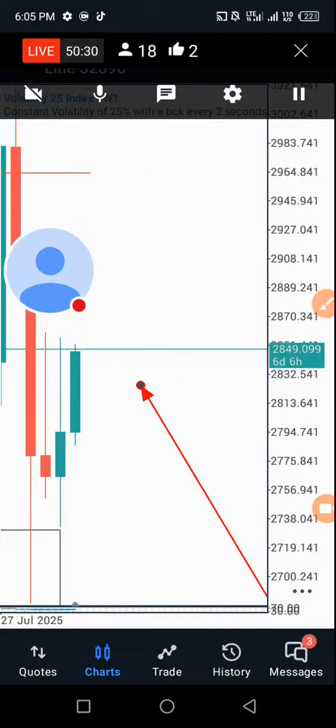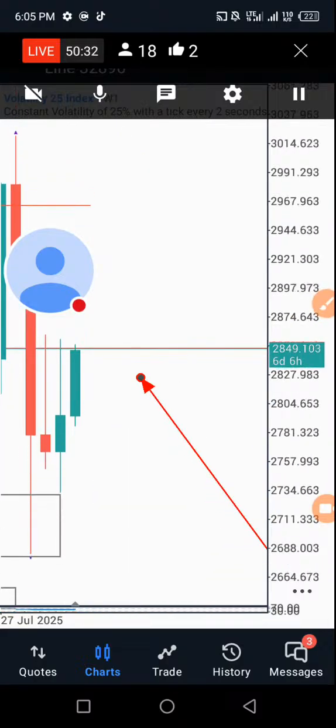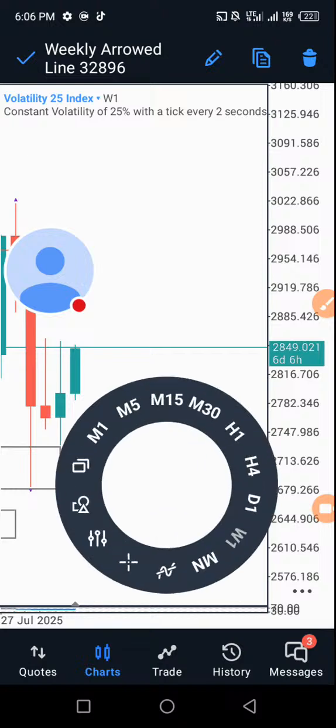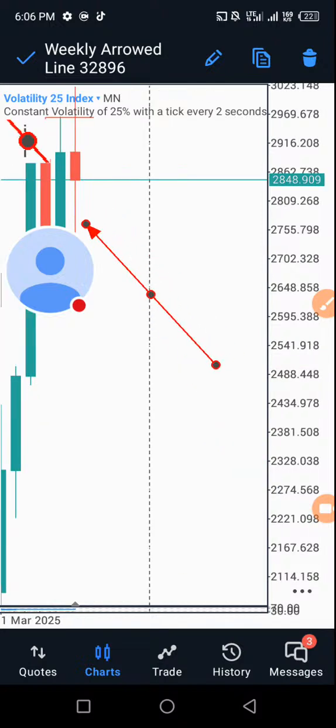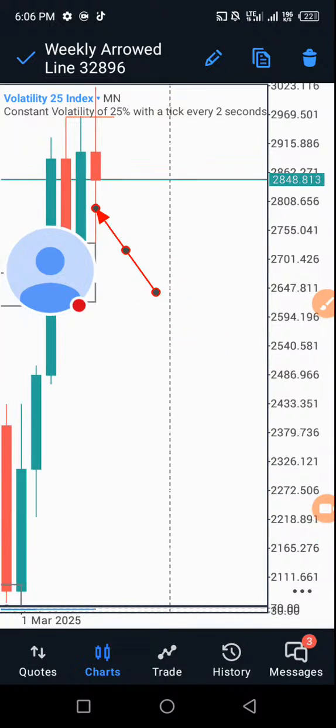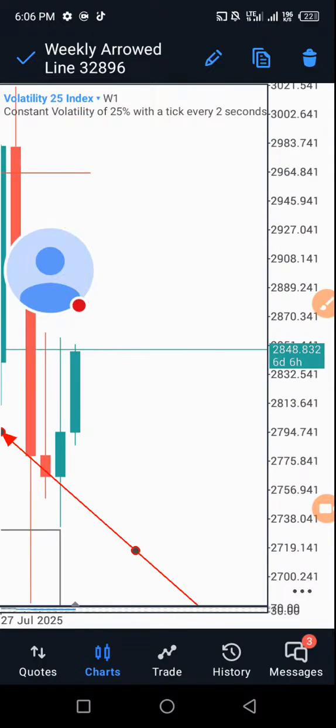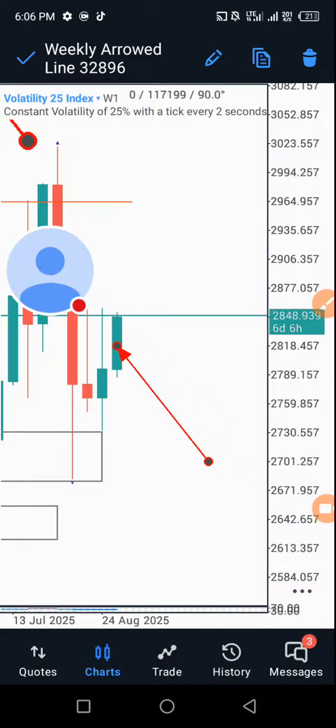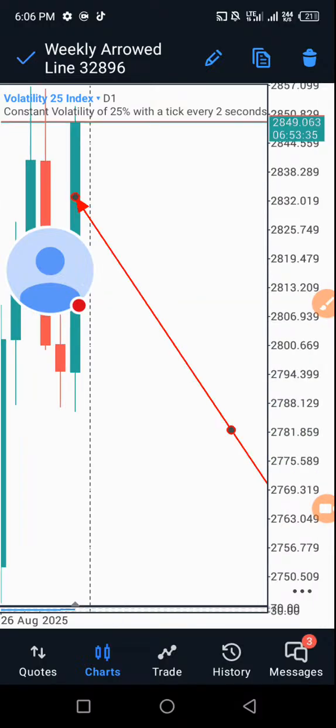So let's go back to the weekly now. So this is what the weekly time frame is doing. At this moment, it's not advisable for someone to just come into the market and just jump into any of these trades, right? So we'll be watching out for a retracement for either this weekly candle to close or the daily candle.